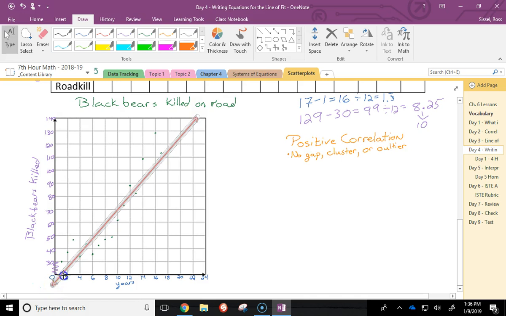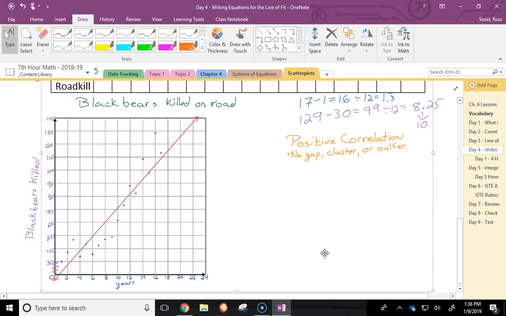I'm coming in and adjusting mine just a little bit. So, we have our line of fit. Yours might look a little bit different than mine.